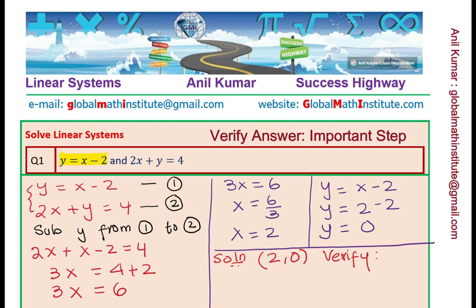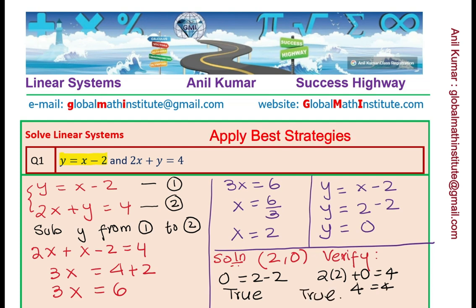Let's check this out. Putting 2 for x and 0 for y, we get 0 equals 2 minus 2, and that is true, correct? In the second equation, we have 2 times 2 plus 0 equals 4, and that is 4 equals 4. That is also true, correct? And so we have also verified that this solution is correct.